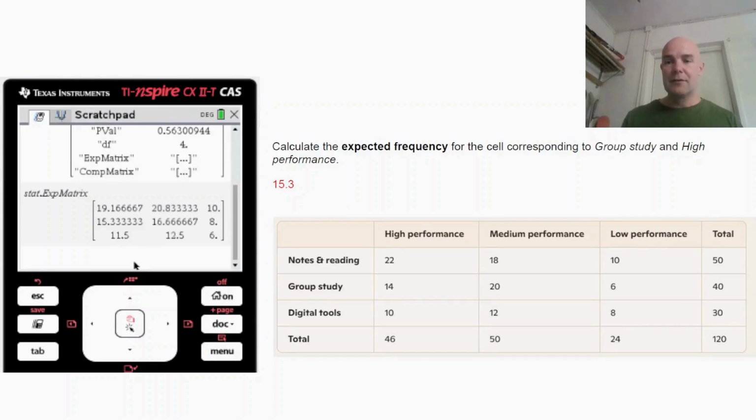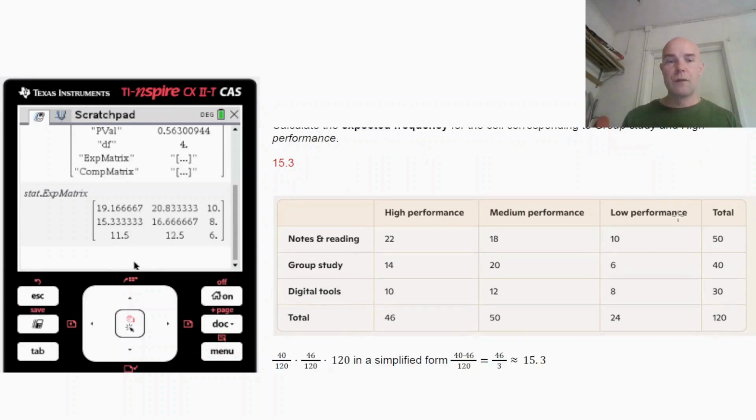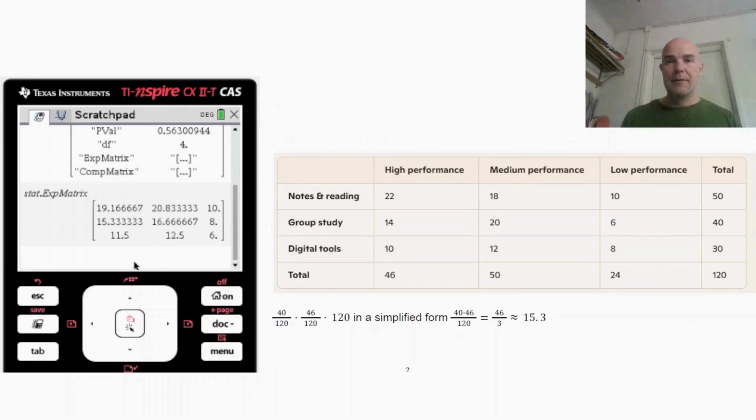And here's the calculation, how that is being done. You can see the probability that somebody is studying in a group: there is a total of 40 who are studying in a group.